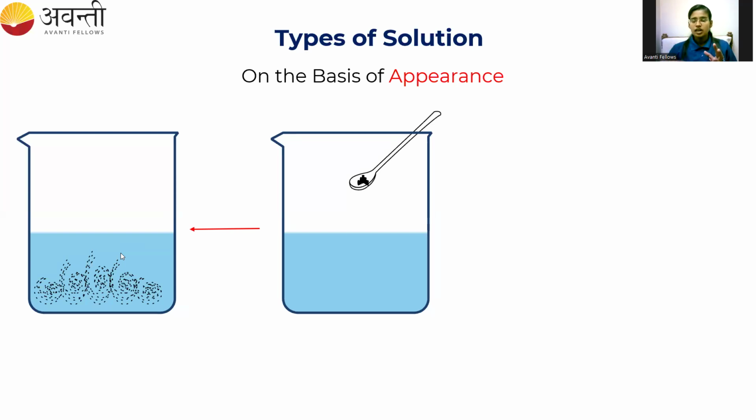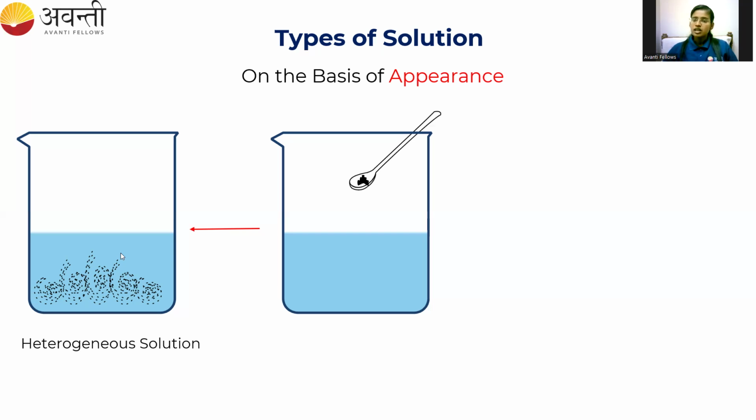Homogeneous means everything will be mixed evenly, uniformly. Heterogeneous means no uniformity is there; some amount of particles will be at the bottom. Yeah, very good, Harish. It is a heterogeneous mixture, a heterogeneous solution.